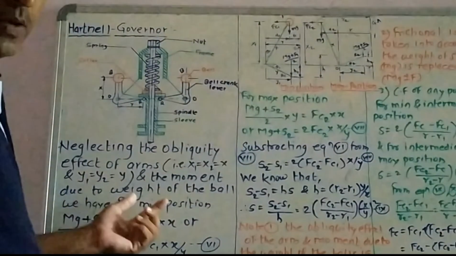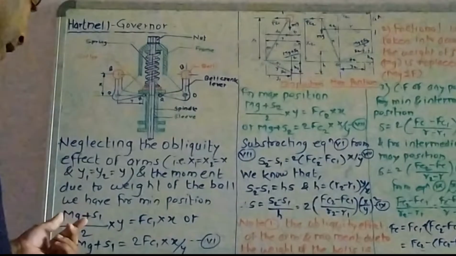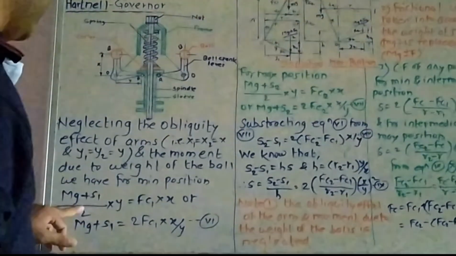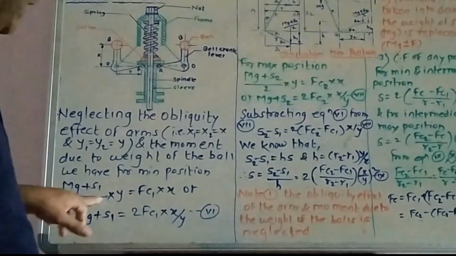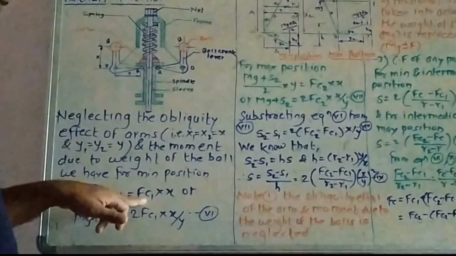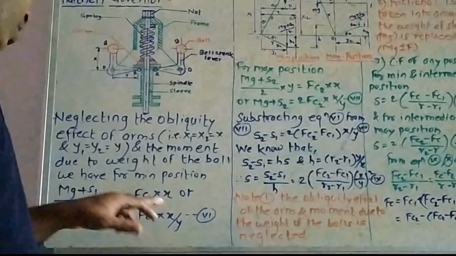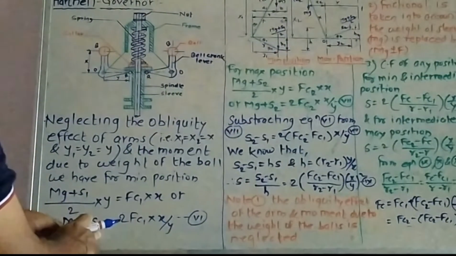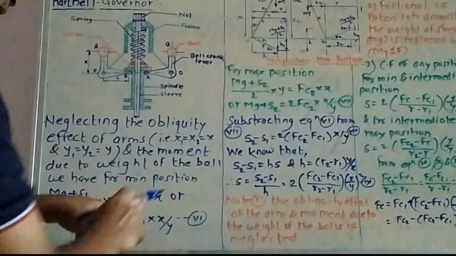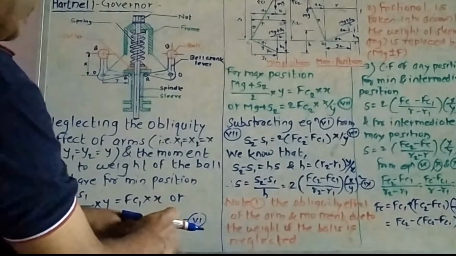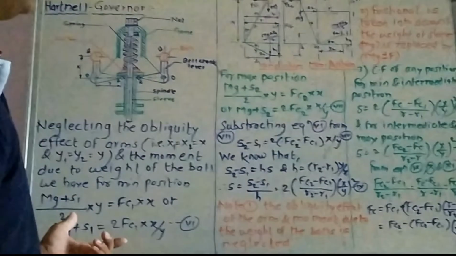We have for the minimum position (mg plus s1) by 2 multiplied by y equals fc1 multiplied by x, or you can get mg plus s1 equals 2 fc1 multiplied by x by y.